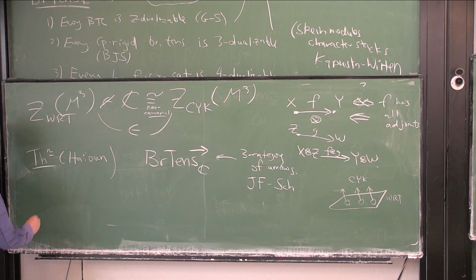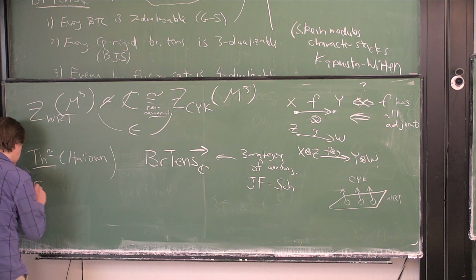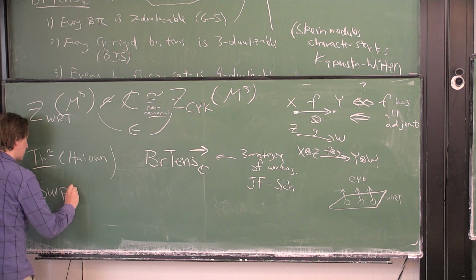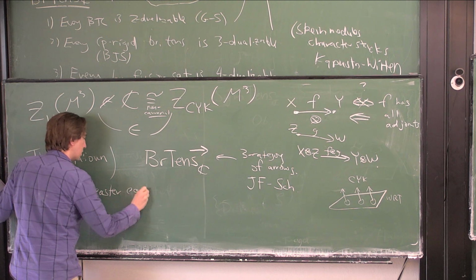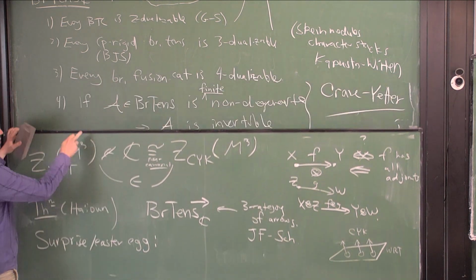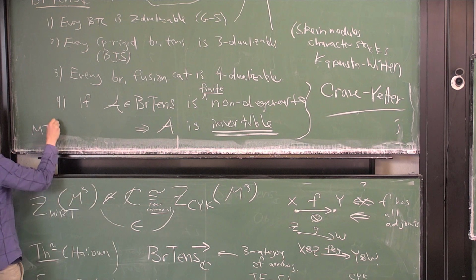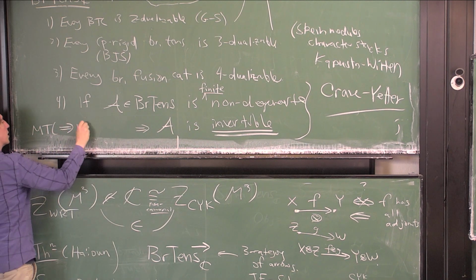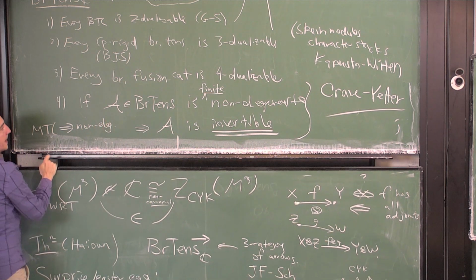And let me just finish by saying the surprise, the Easter egg. Remember I said that you need to be non-degenerate. Being an MTC, modular tensor category, implies non-degenerate. I didn't tell you the full definition, but it implies non-degenerate.